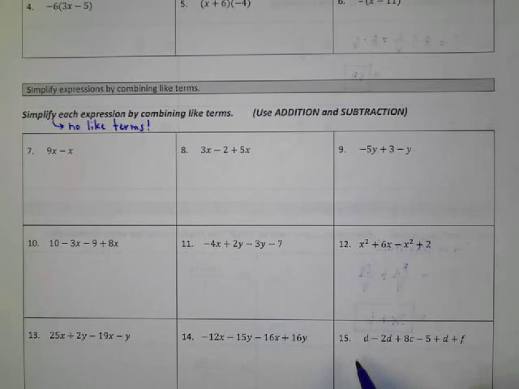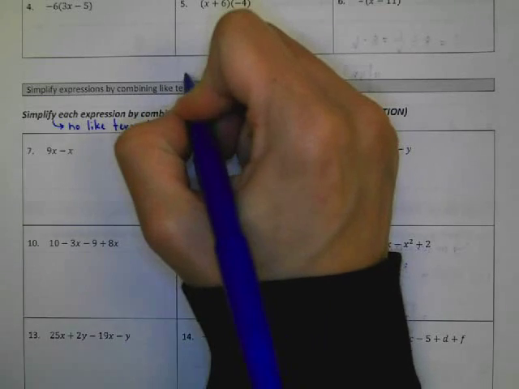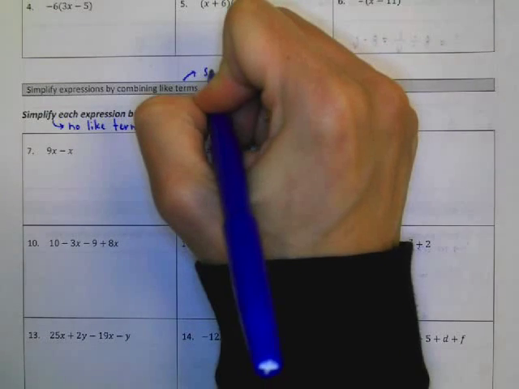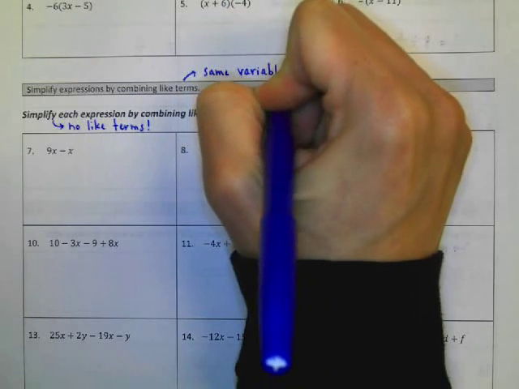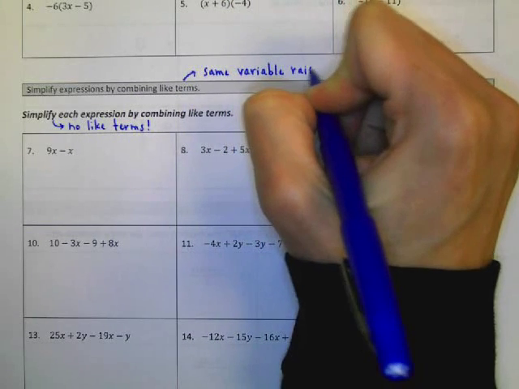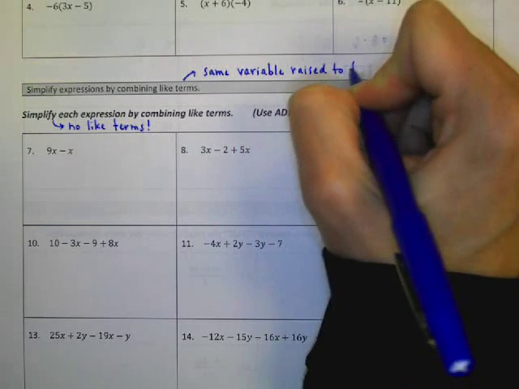So I'm going to actually jump to number, let's do number 9. And so when I'm looking at this, I know like terms, and maybe let's make a note here. Like terms, we know, have the same variable raised to the same exponent.